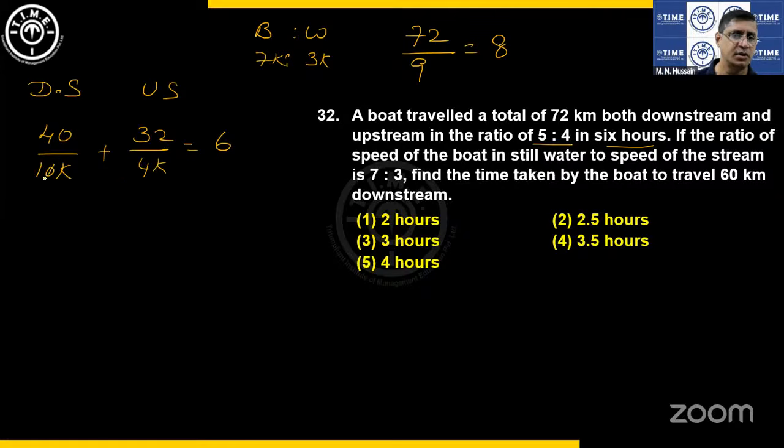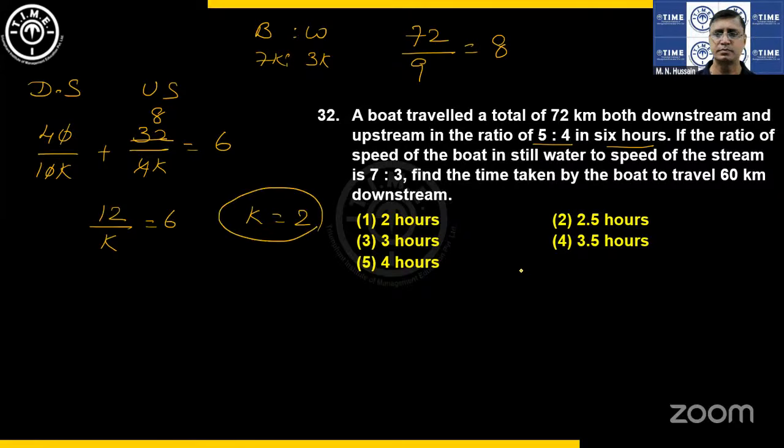Which is equal to 6 hours. Solving this, 0 and 0 get cancelled. Now 4, here it goes how many times? 8 times. Now 4 plus 8, that is 12. 12 by K is equal to 6, means K is equal to 2. Now what to find? Find the time taken by the boat to travel 60 kilometers downstream. Downstream, 60 kilometers need to be covered.